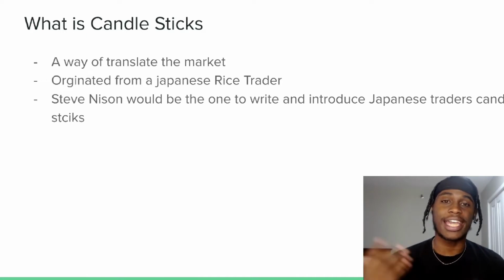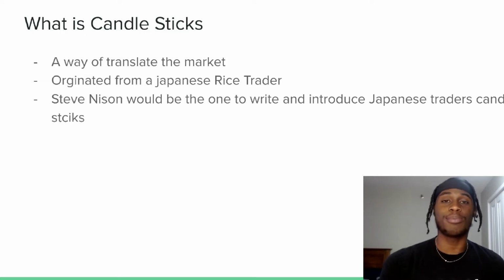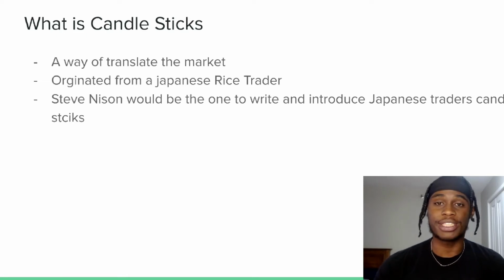Okay, secondly, candlesticks originated from a Japanese rice trader, right? He came up with candlesticks. He noticed different types of movements in the past, and he came up with the Japanese candle, like I said, to give him an advantage of being able to predict the next movements of the market.